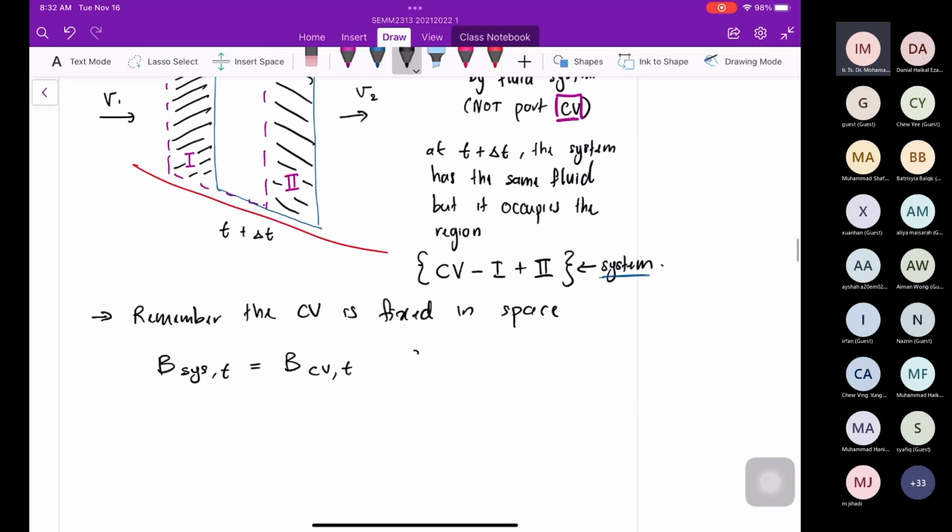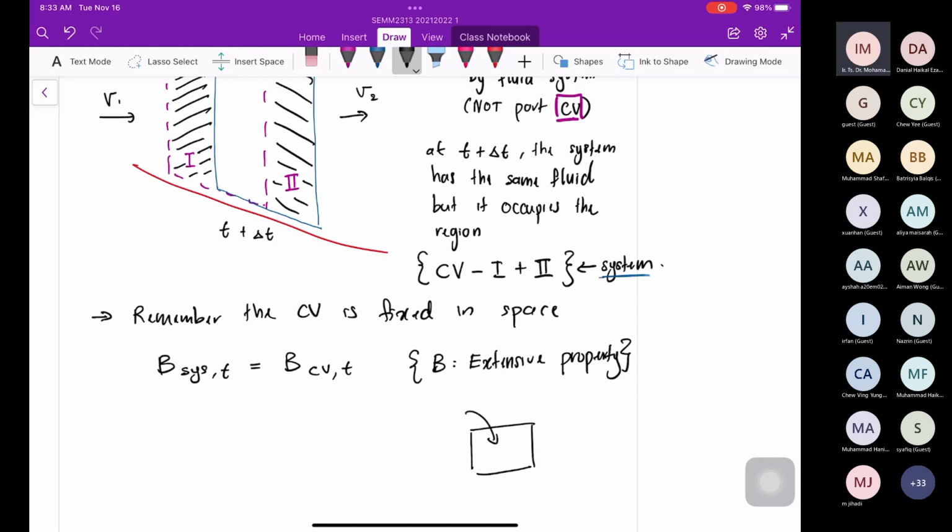The B we call as the extensive property. What is extensive property? The property relies on mass and the amount. For example, this is system.